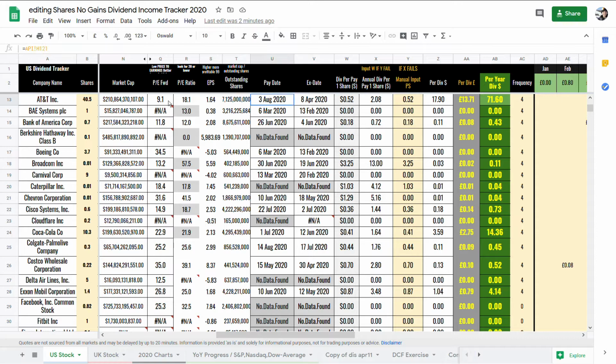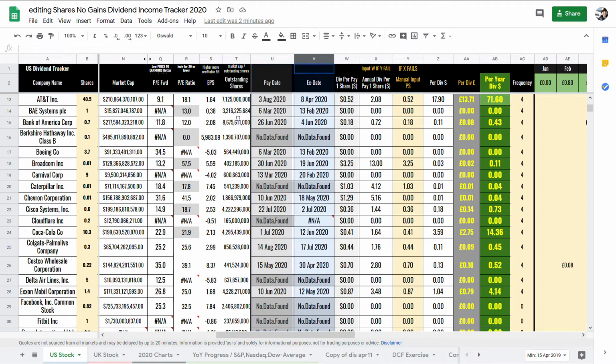And I can see here it went ex-dividend on, oh, why is it ex-date, pay date? Okay, these should be opposite. Anyway, the ex-dividend date was 8th of April, and it pays on 3rd of August. I'm going to switch this.